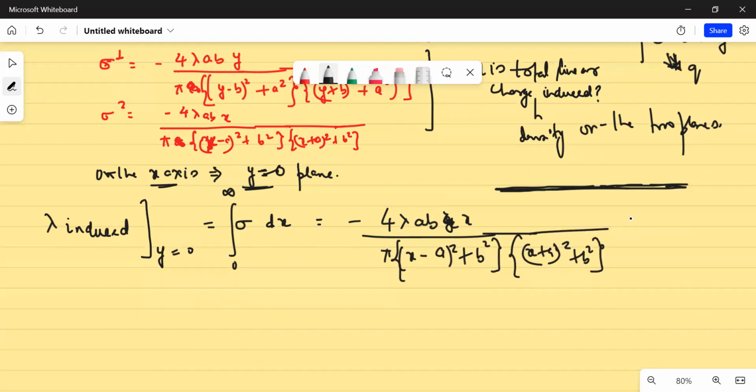Is that clear? No problem with that, and here put dx and here put 0 to infinity. Any problem? This will give me the total charge density induced on y equal to 0, that is the x-axis.